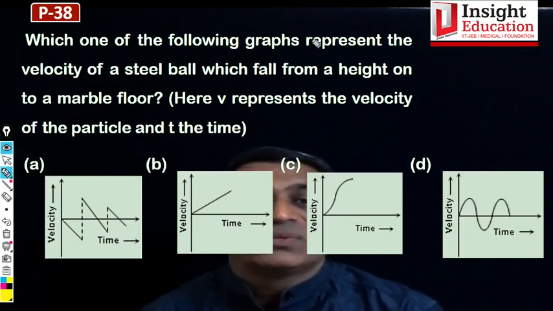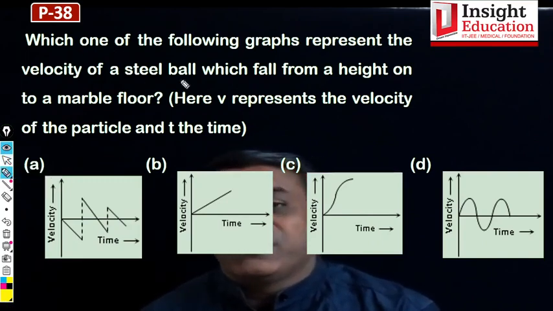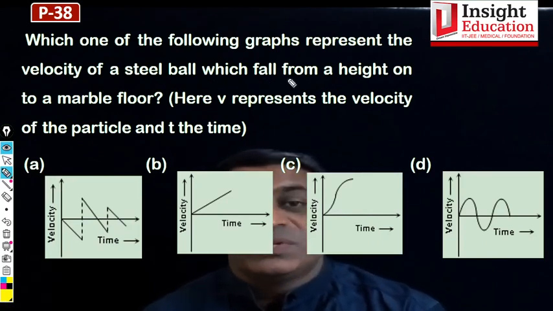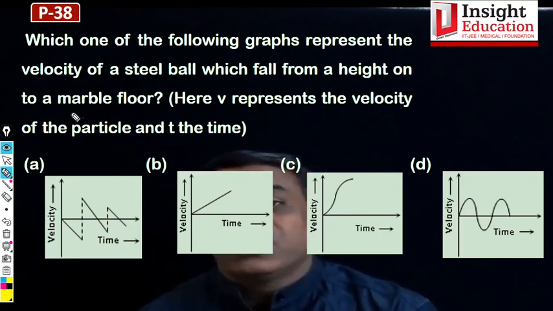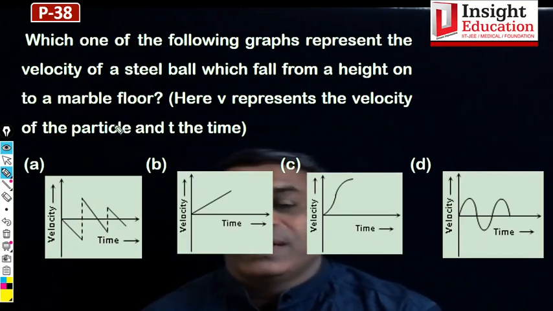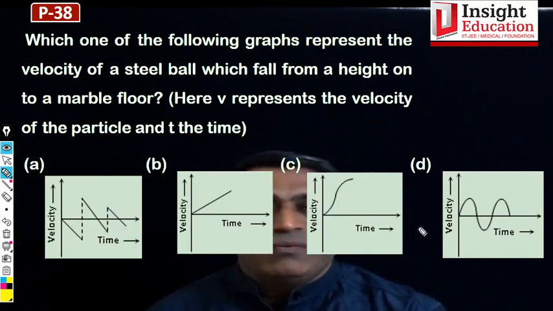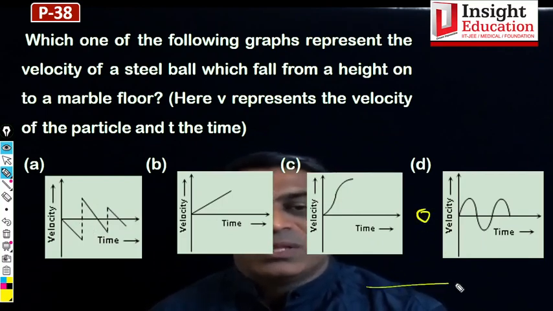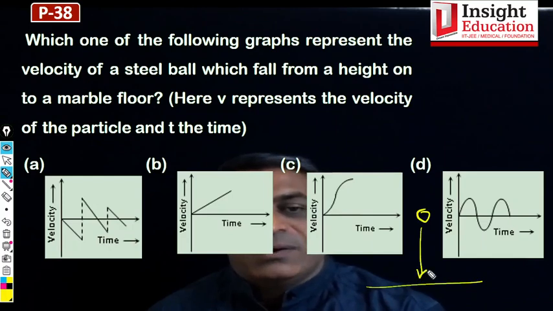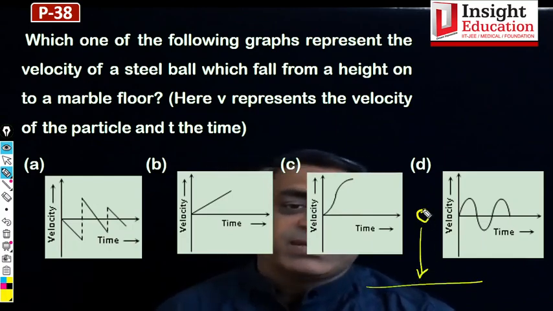Which one of the following graphs represents the velocity of a steel ball which falls from a height onto a marble floor? V represents the velocity of the particle and T is the time. When we drop a ball on the marble, initially the speed increases, but in the negative direction.